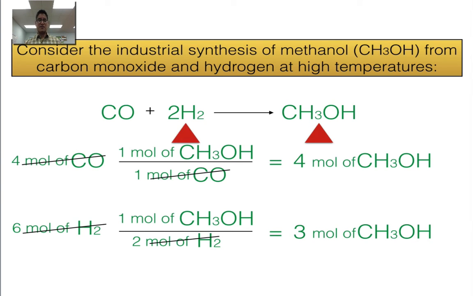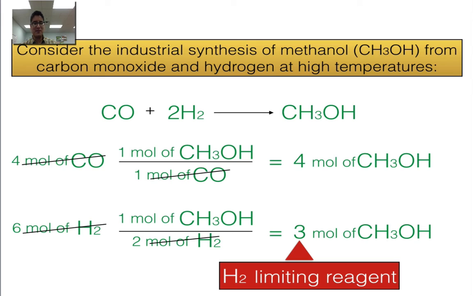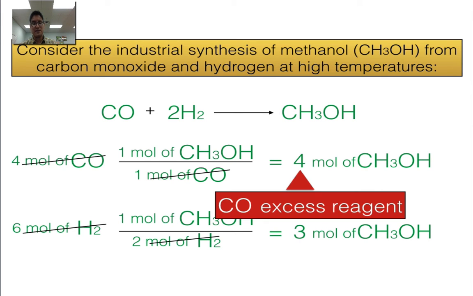So 6 moles of hydrogen gas give me 3 moles of methanol. Which produced the least amount of methanol? Hydrogen gas. So hydrogen gas is my limiting reagent in this case, and that makes carbon monoxide my excess reagent. I'm going to have extra carbon monoxide left over after this reaction is complete.